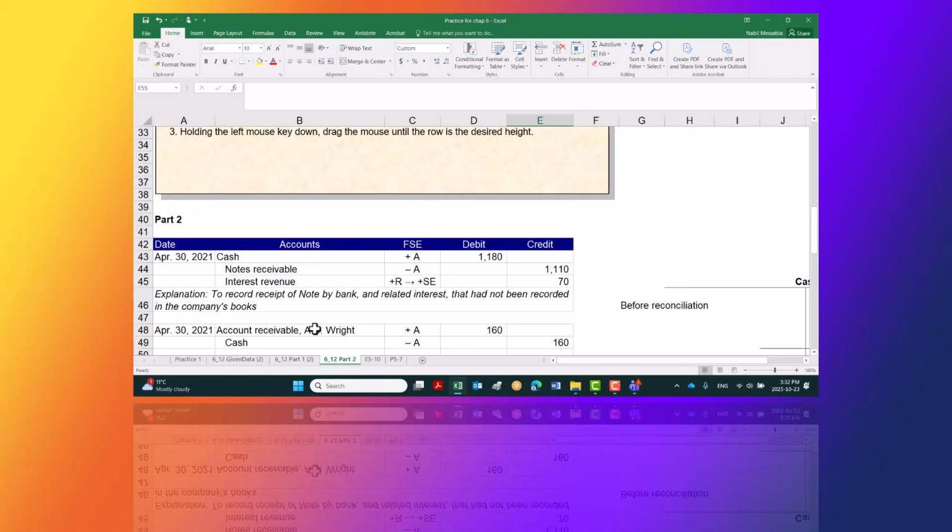Same thing on the other side: addition, deduction. Once it is done, I should end with what? The reconciled balance. That should be similar on both sides. Reconciled balance.